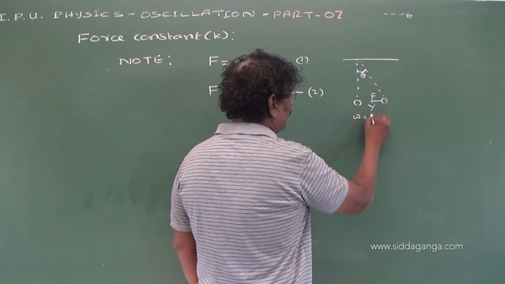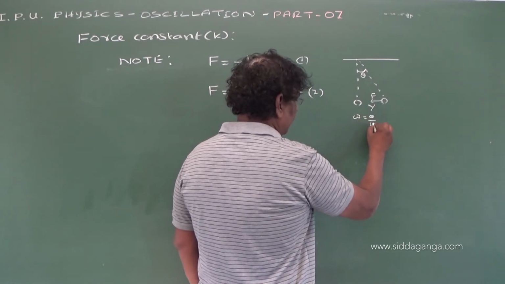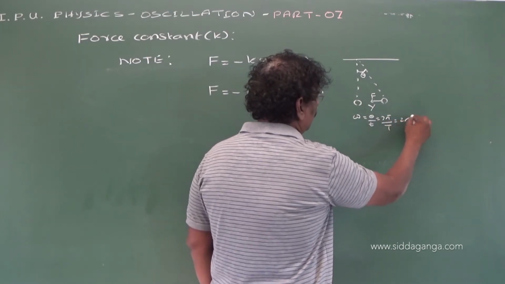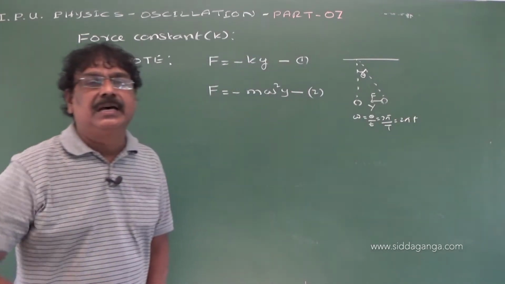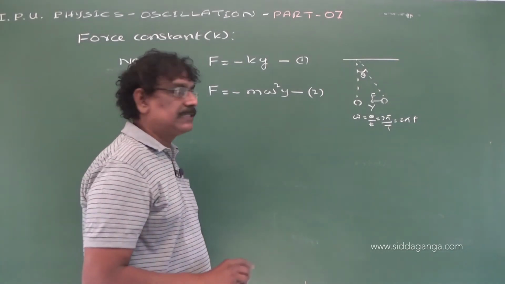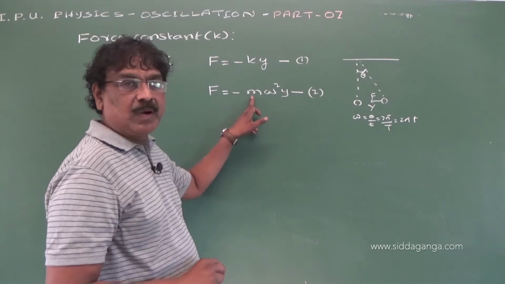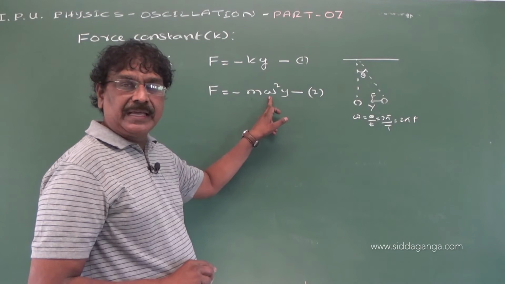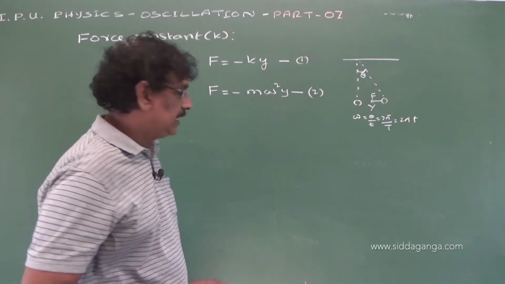Omega is equal to theta by t, or 2 pi by T, or 2 pi f. We have already discussed the relation between angular velocity, time period and frequency. Here m is the mass of the body executing simple harmonic motion, omega is angular velocity, and y is displacement.